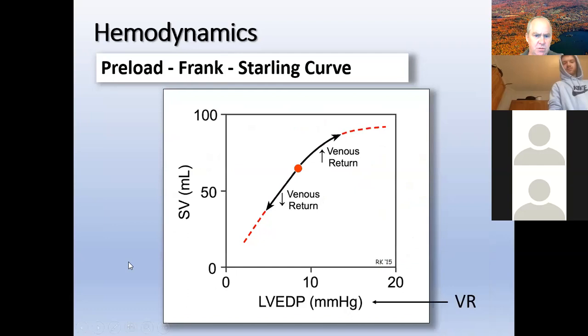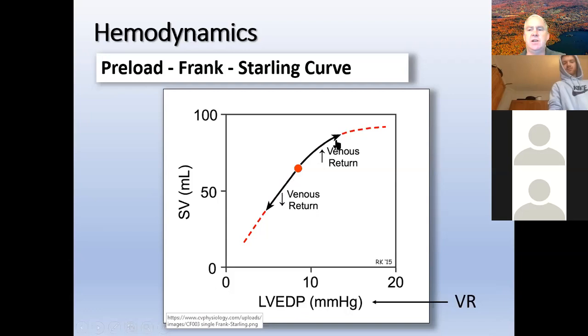So here, let me go over the axes. Left ventricular end diastolic pressure, right? So that's right at the end of diastole, how much has the heart stretched out? And this is stroke volume. So as you decrease ventricular filling, you get a less strong contraction.